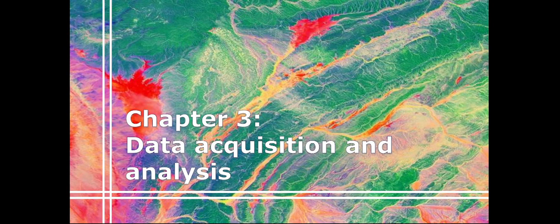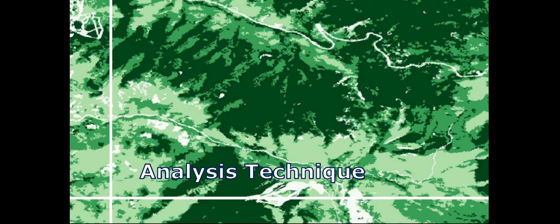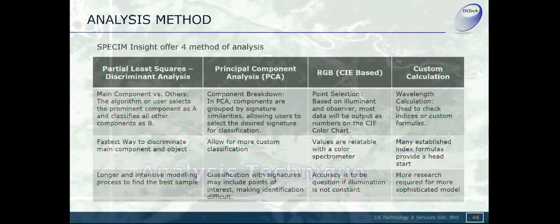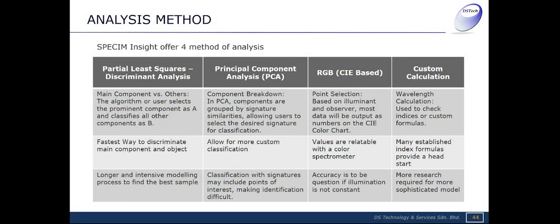So first of all, let's look at the analysis techniques. In fact, for Specim, there are 4 types of analysis technique. First of all, we have PLS, partial least squares. Then we have PCA, the principal component analysis, and you have RGB. This is CIE based. You are actually following the CIE, and the last will be the custom calculation.